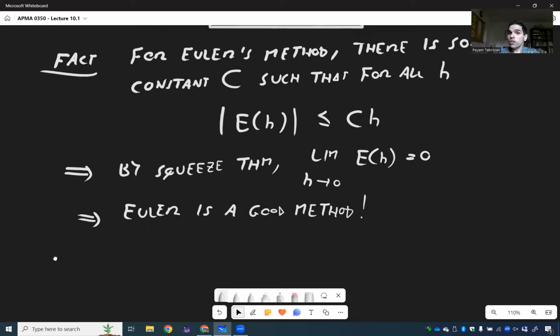And just a quick word about the proof. There are some details in the notes, but essentially it follows from two things.